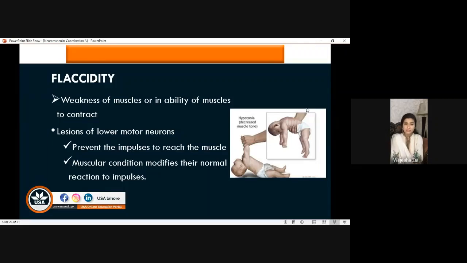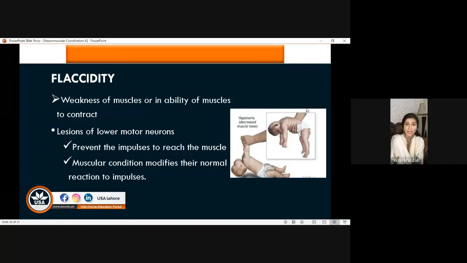The reason is their impulses are not reaching the muscles, and secondly, with the passage of time, the muscle will not be in that state. If a person has been in hypertonicity or in flaccidity for the last 2 months, what will be the condition of the muscles?